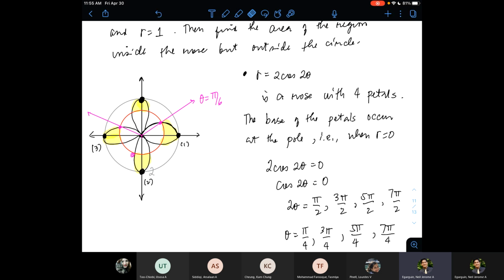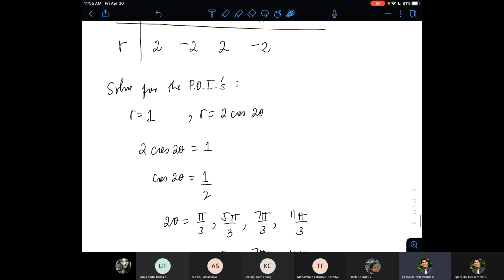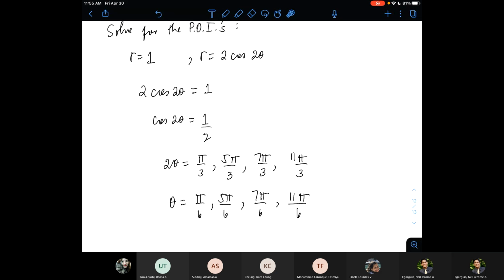Because I hope you see I'm expecting 8 points of intersection. 1, 2, 3, 4, 5, 6, 7, and 8. But why am I getting only 4? Because I should also consider the negative angles, right?